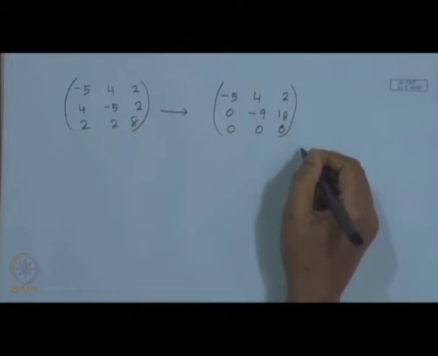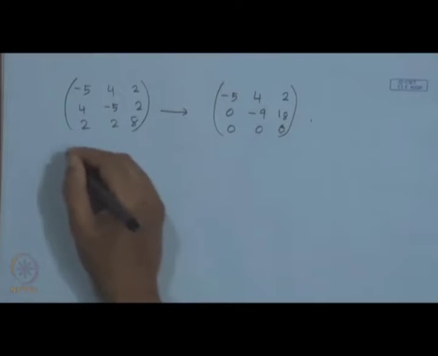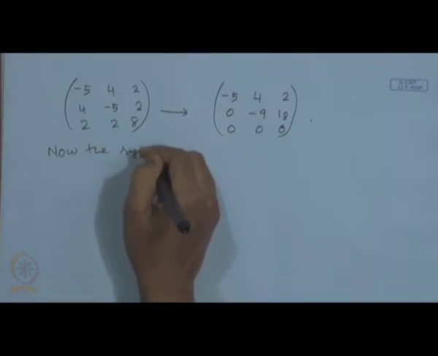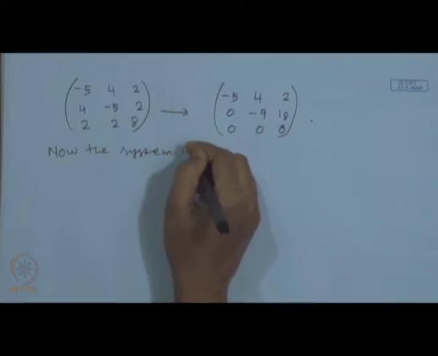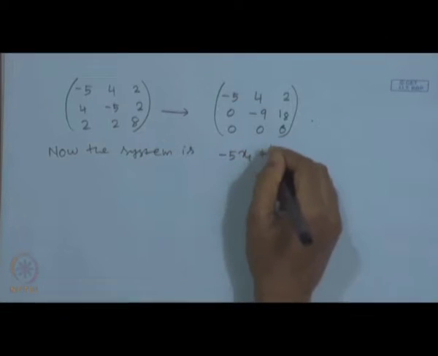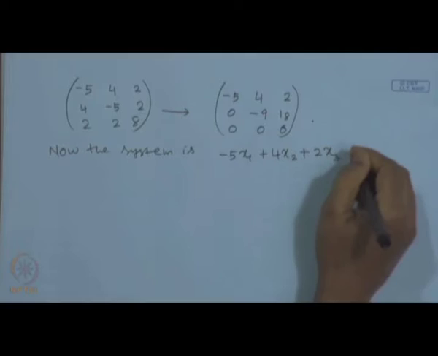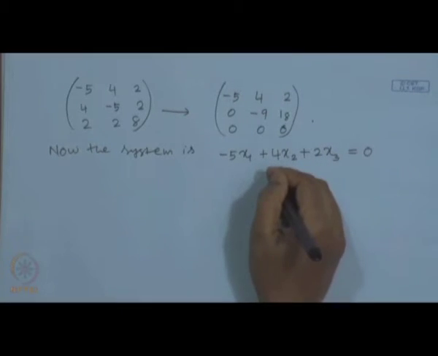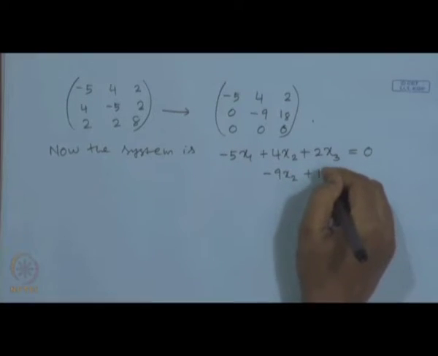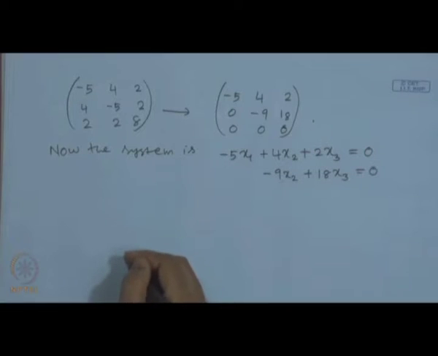So, the system of equations is now: -5x1 + 4x2 + 2x3 = 0, -9x2 + 18x3 = 0.